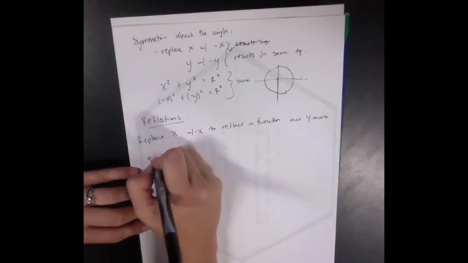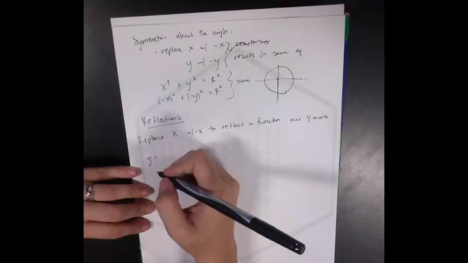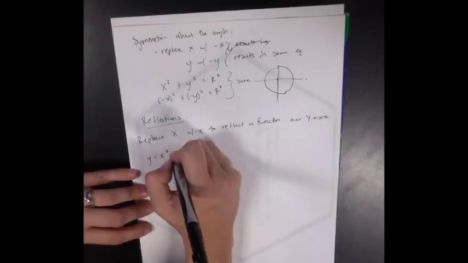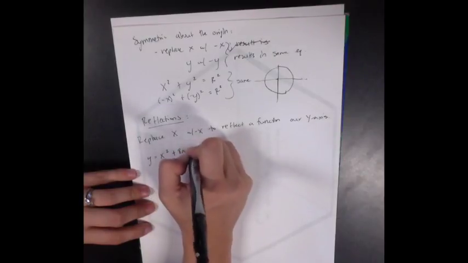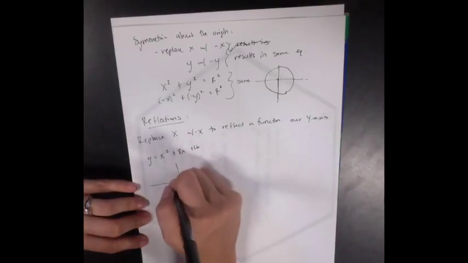So if I had the graph y equals, let's say, x squared plus 8x plus 16. You don't need to know how to graph this yet. I'm just going to show you. It looks like this.